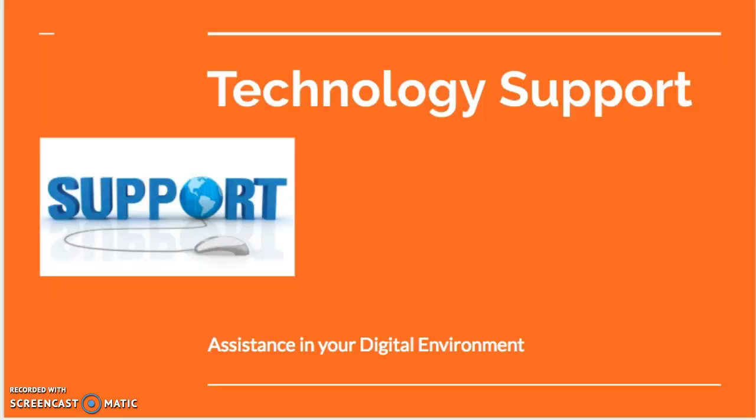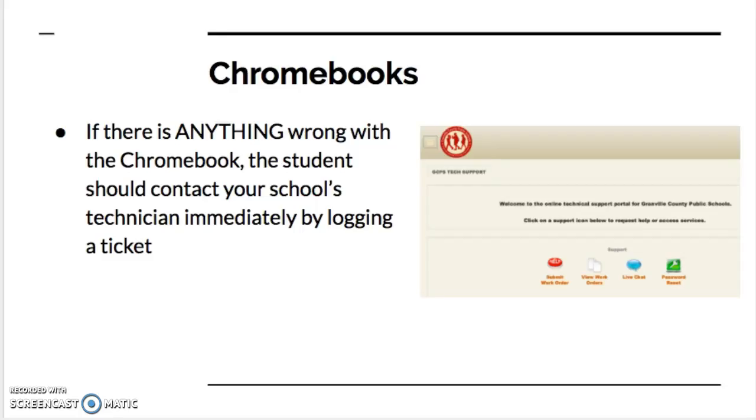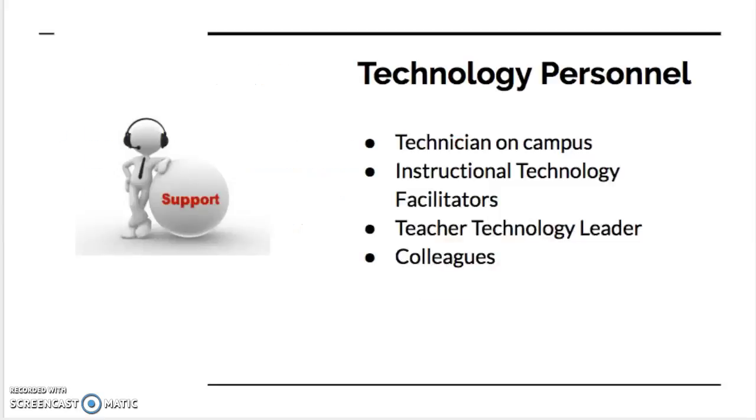Technology support is also key when converting into a digital environment. If there is anything wrong with a Chromebook that your student has, they should contact your school's technician immediately by logging a ticket through the GCPS school website. There are also many technology personnel who will help support you and your students.